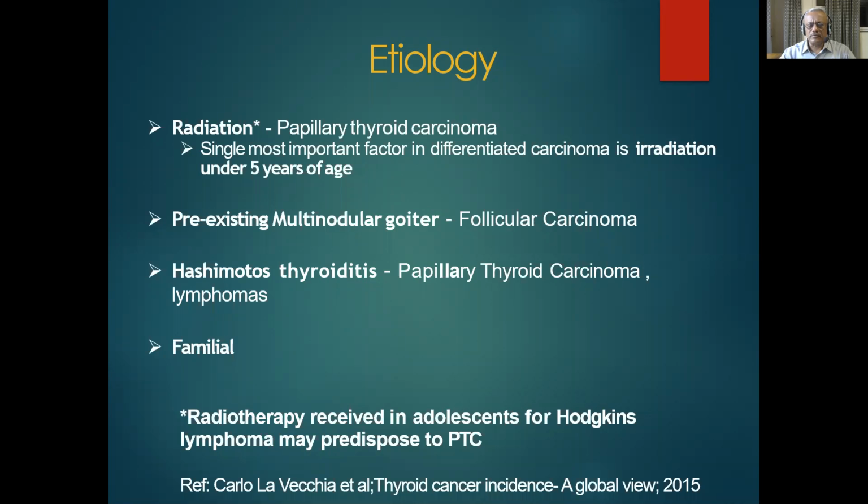Okay, bone marrow irradiation. No, you're talking about radiation to the neck, right? Yes, sir. So what are the commonest areas where children get exposed to radiation in today's age? Head and neck, sir.